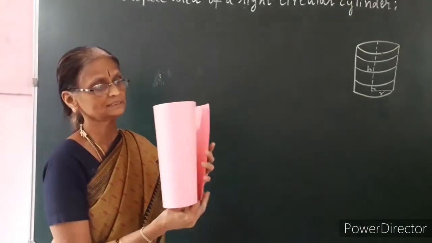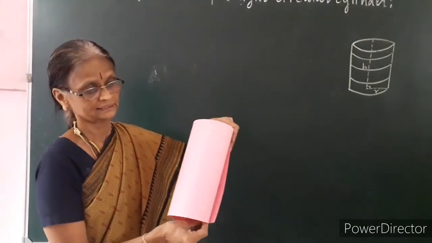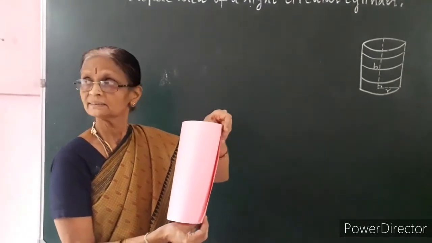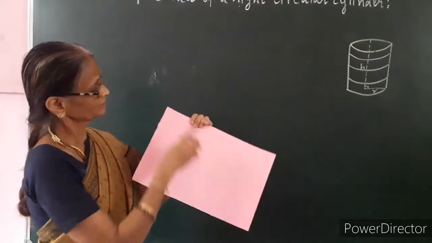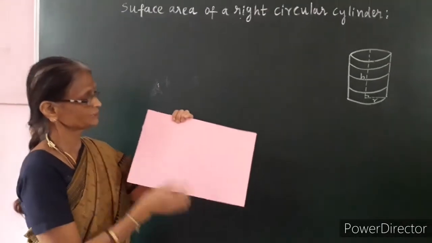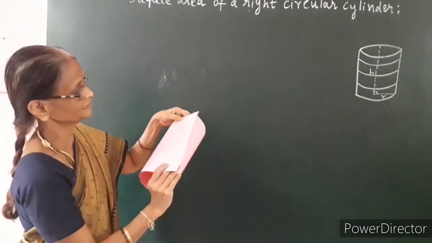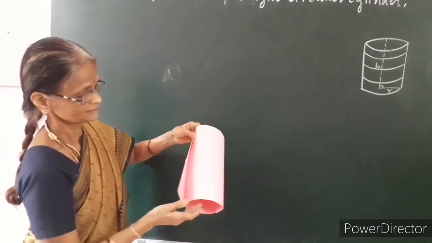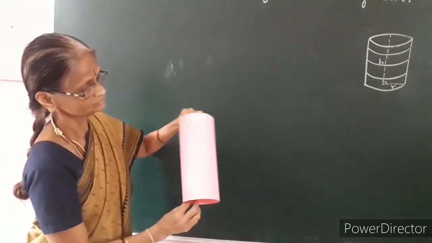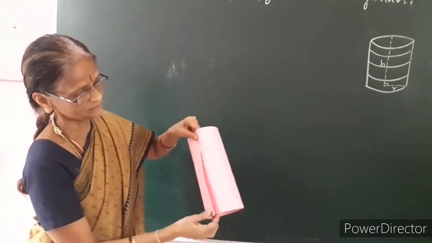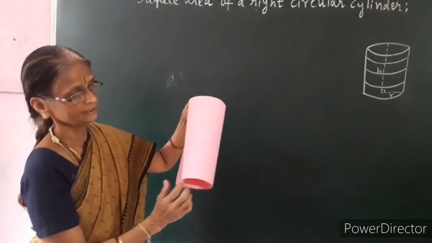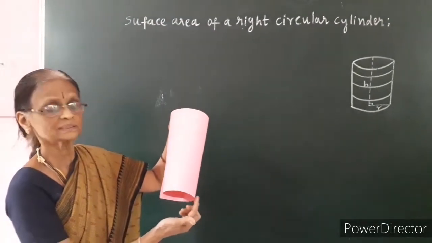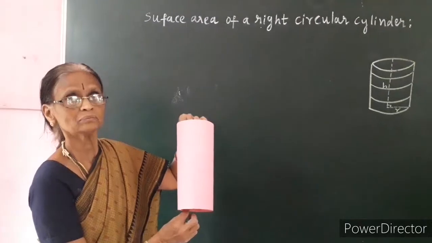What is the shape of this? Right, this is a cylinder. Now the breadth of the rectangular sheet becomes the height of the cylinder. This is the height of the cylinder. The height of the cylinder becomes the breadth of the sheet, and the length equals the circumference of the circular base.